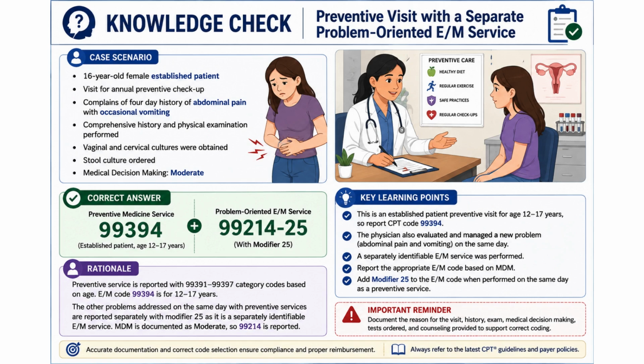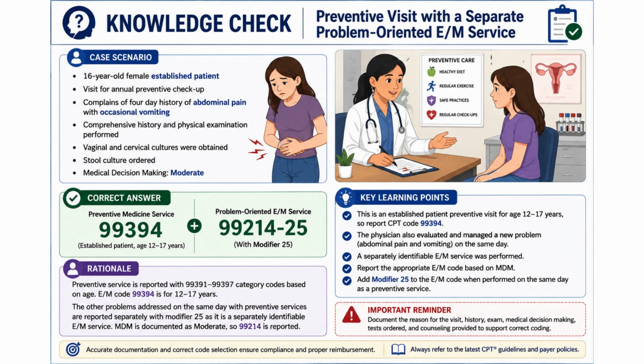However, the physician also evaluated and managed a separate medical problem during the same encounter. Because this problem required additional evaluation and moderate complexity medical decision-making, a separate office E/M service can also be reported. The appropriate office visit code is 99214. Since it is reported on the same day as the preventive service, Modifier 25 must be appended, making the code 99214-25.